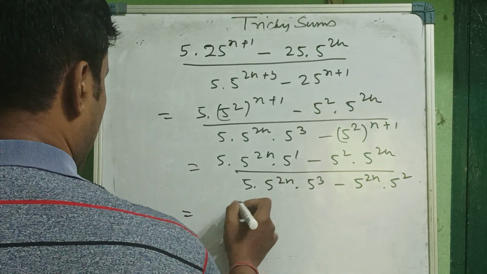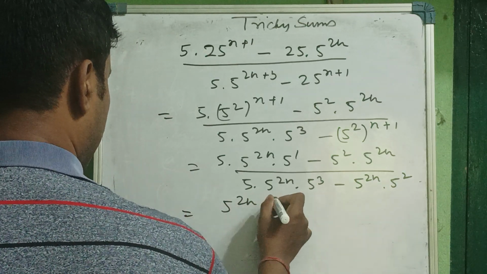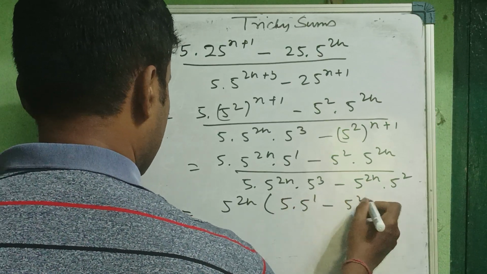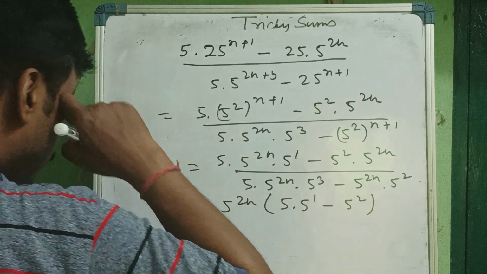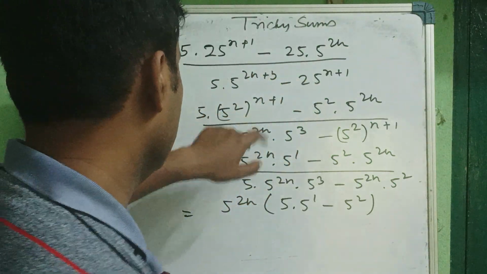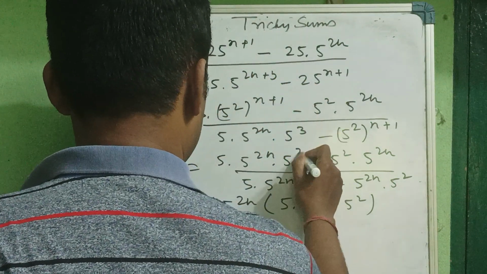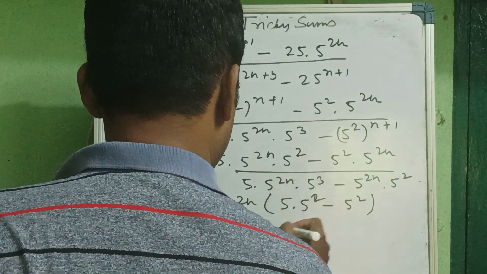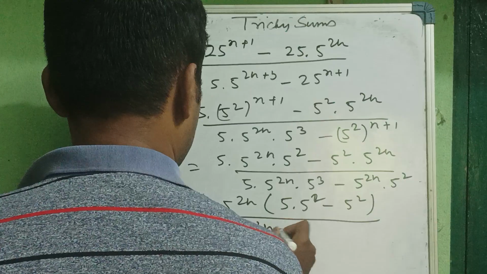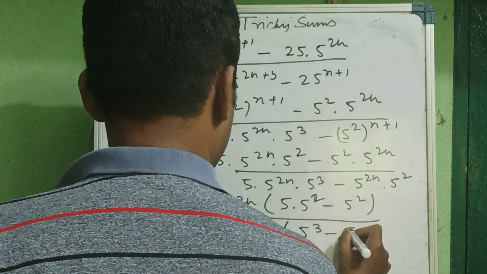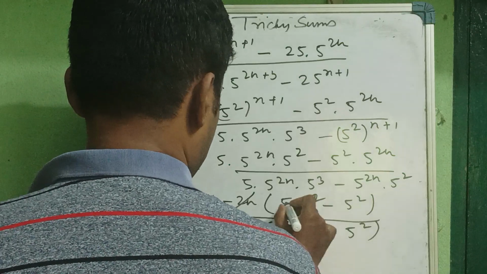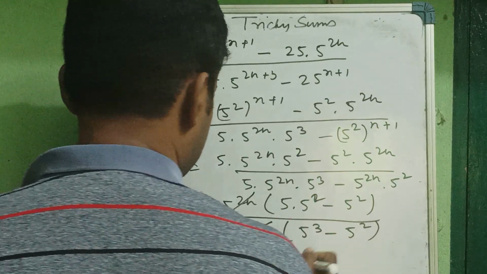Let's take a common factor, that is 5 to the power 2n, and 5 square is there. Oh sorry, this is a 2, not a 3. So 5 to the power 2n into 5 to the power 3 minus 5 square. So 5 to the power 2n cancels, and this is 5 to the power 3 minus 5 square.